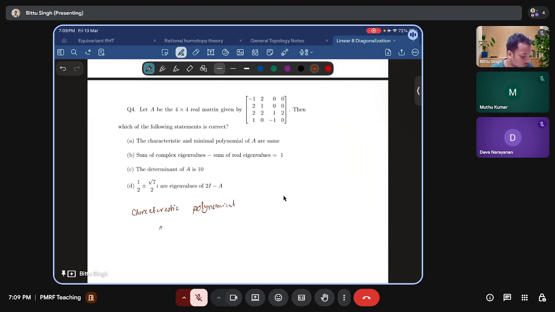It is given by the determinant of xI minus A. We have already seen that if you subtract x from all the diagonal entries, this is the determinant of one block times the determinant of another block.